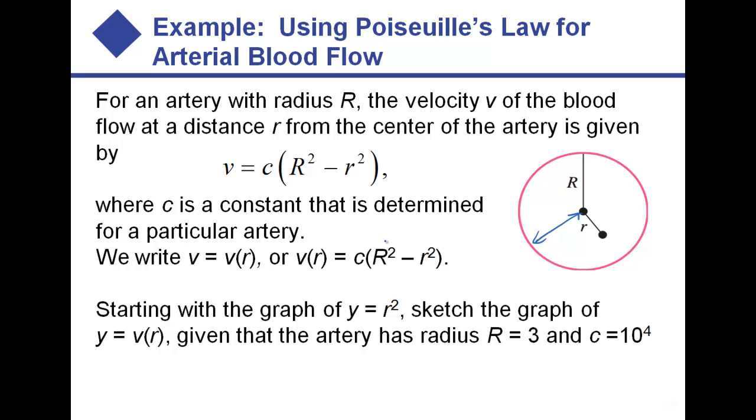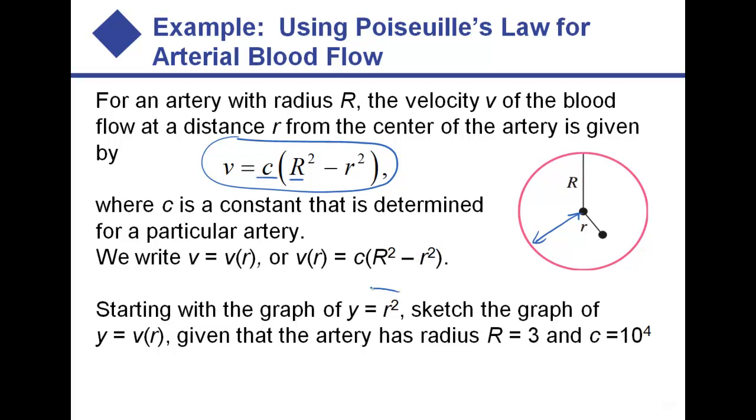And that's where this ugly looking formula comes from. Your R squared is a constant because it's the radius of your artery. C is also a constant that's determined for each particular artery, so different arteries are given different constants. And then we can figure out the speed, the velocity of the blood based on how far it is from the center of the artery.